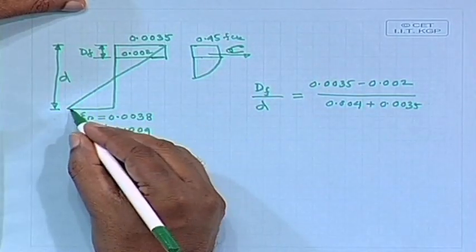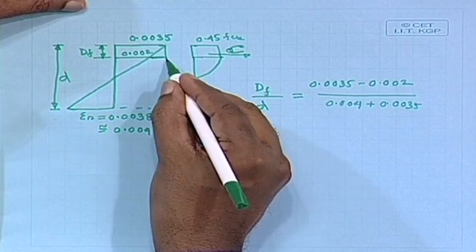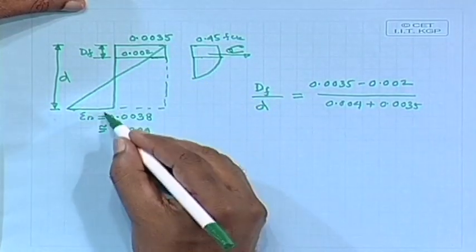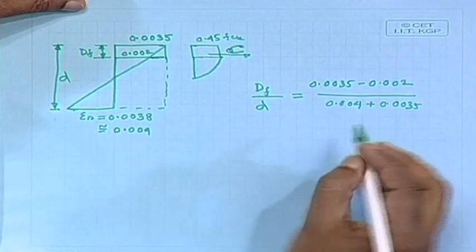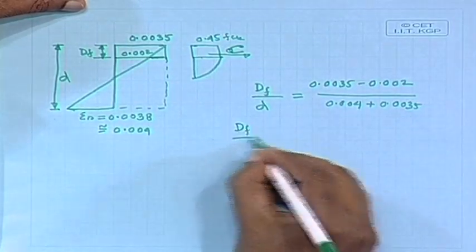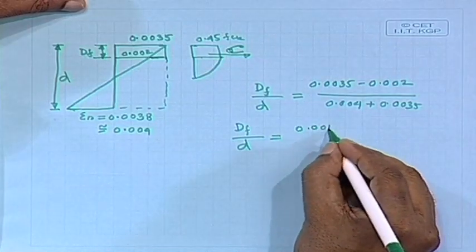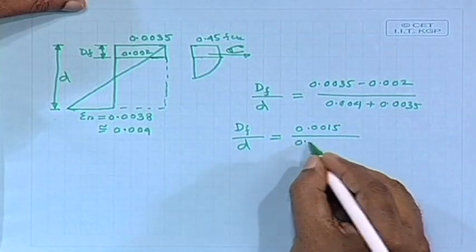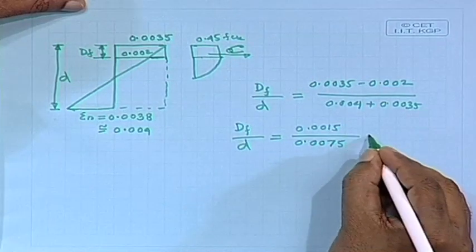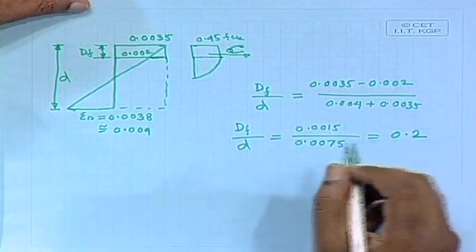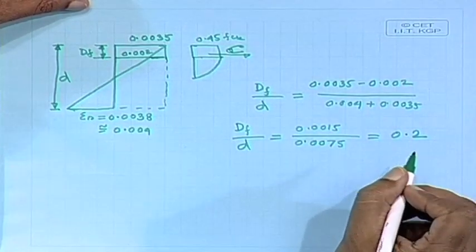I am taking this from this triangle. So, this divided by this, 0.004 plus 0.0035. So, I can get dF by d equal to 0.2.